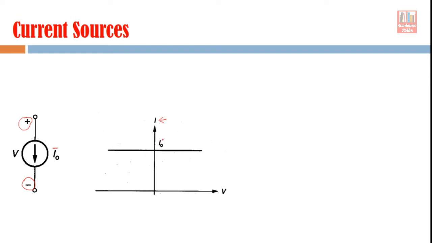What it says, I naught amount of current is passing through the source, even if you change the voltage which is shown on the x axis. You change the voltage in positive direction or in negative direction, doesn't matter. Whatever is the magnitude of voltage across it, that doesn't matter, but the current through the source should always remain same. So, this is the characteristic of an ideal current source.